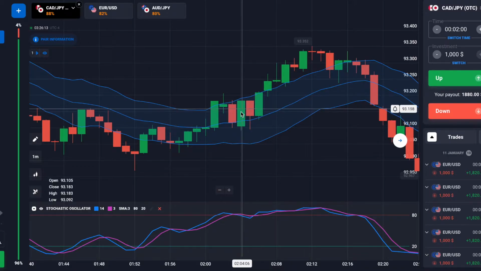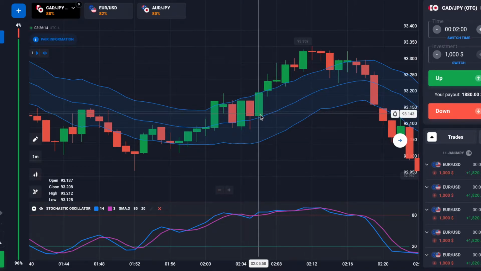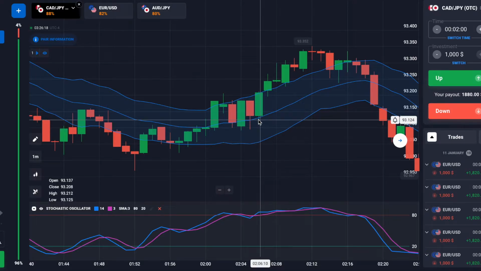You could enter here, and then you still can lose if the candle closes here, or at any position of this candle. If your trade closes right here, you still lose your trade. Because remember, these wicks are part of the candle. Just because it doesn't close there doesn't mean that your trade doesn't close there, especially if your trade is expiring exactly 2 minutes or 1 minute, whichever strategy you want to use, right after your position.